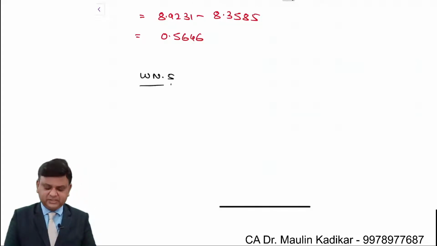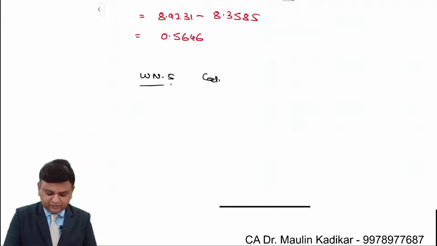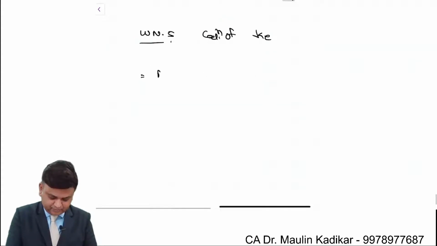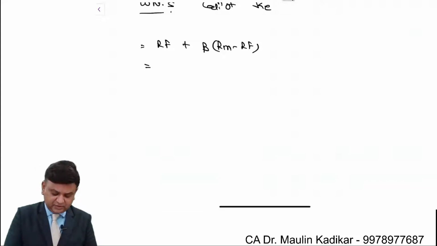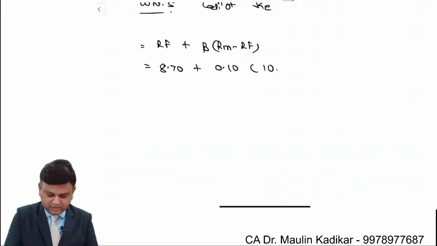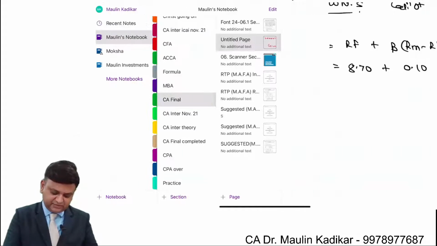Working note number 5, very simple: calculation of cost of equity. RF plus beta into RM minus RF. The risk-free rate of return is 8.7, beta is 0.10, RM is 10.3, RF is 8.7.